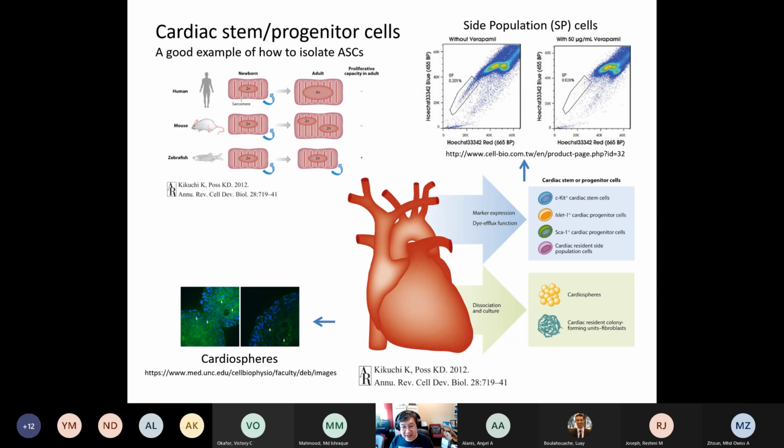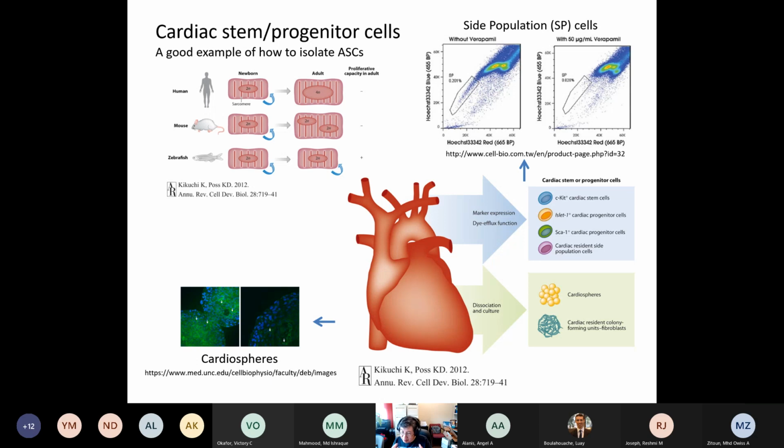And sometimes you can find spheres. Some of the cells will automatically generate spheres in the culture. If you isolate those spheres, you have a higher chance of getting stem cells. So sphere formation is one characteristic of most adult stem cells. If you have the right conditions and put them into culture, they tend to form spheres.